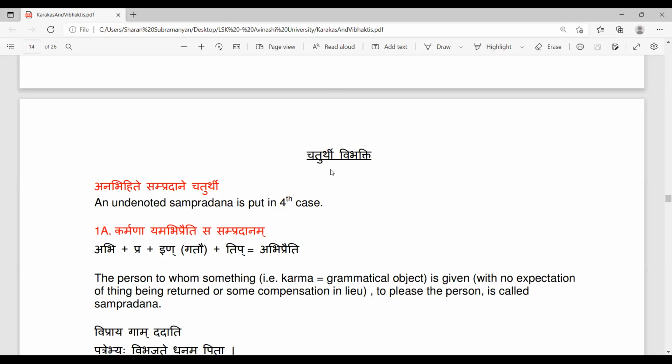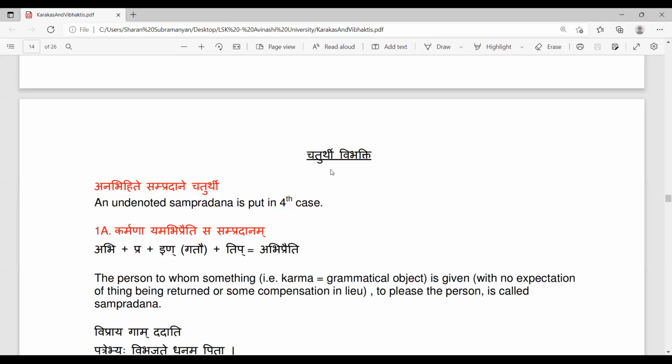Chaturthi Vibhakti. Chaturthi Vibhakti is assigned to what? To that karaka which has the Sanya Sampradanam. What is Sampradanam? Karmana Yam Abhipraiti Saha Sampradanam.